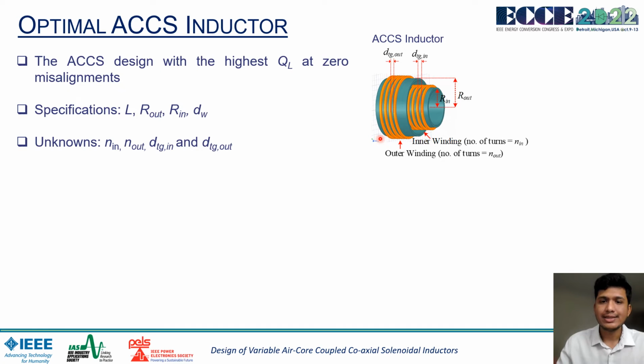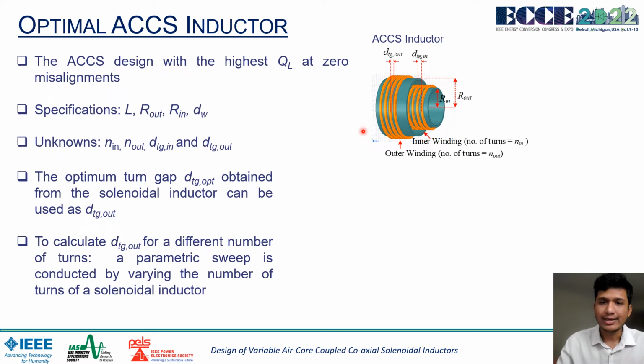Since an ECCS is nothing but two solenoidal inductors, and we know that the field outside an ideal solenoidal inductor is zero, therefore the proximity effect on the outer winding due to the inner winding can be neglected, and the optimal turn gap for a solenoidal inductor can be used when designing the outer turns of the ECCS inductor.